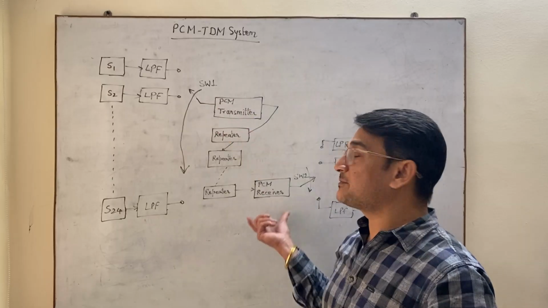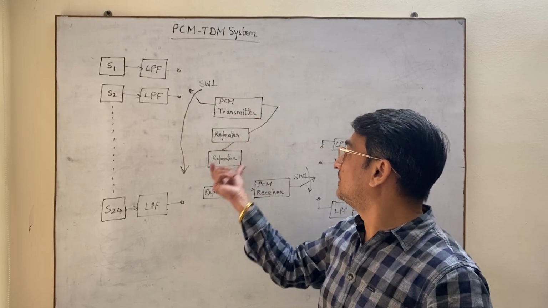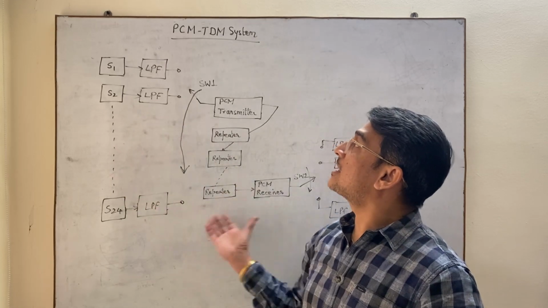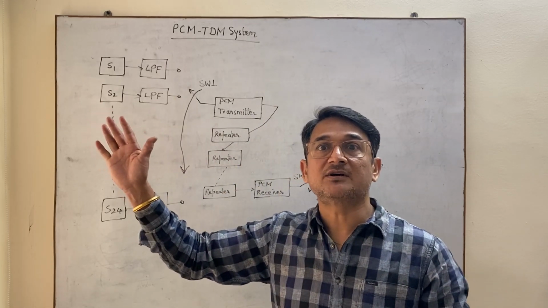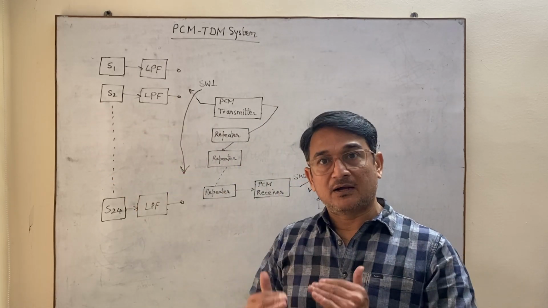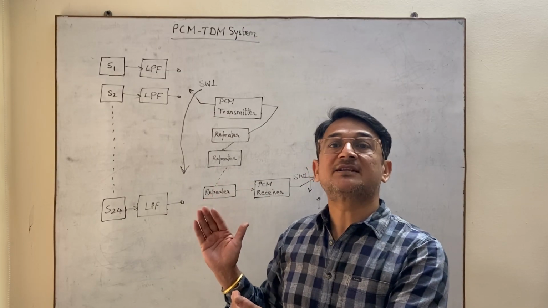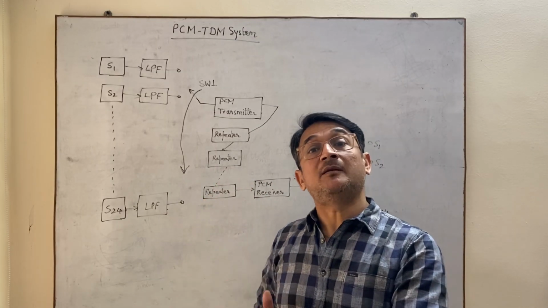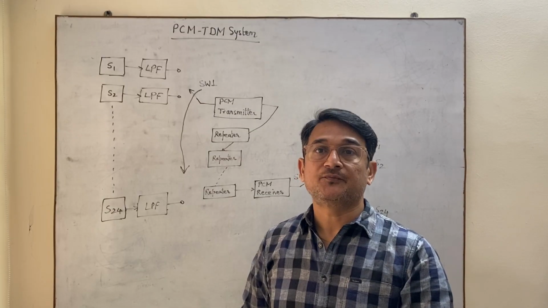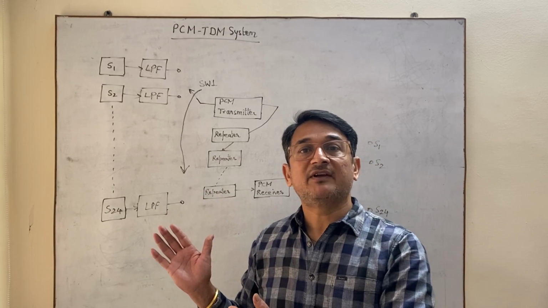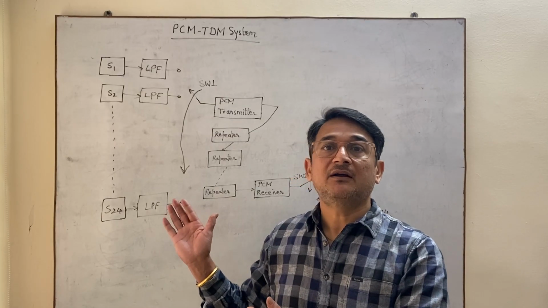This way the PCM transmitter and receiver are connected through a coaxial cable with the help of repeaters. So this is how the PCM TDM signal works, and this is the use of time division multiplexing in the PCM system also. I hope you understand the concept of PCM TDM. If you have any doubt, please write it in the comment section.